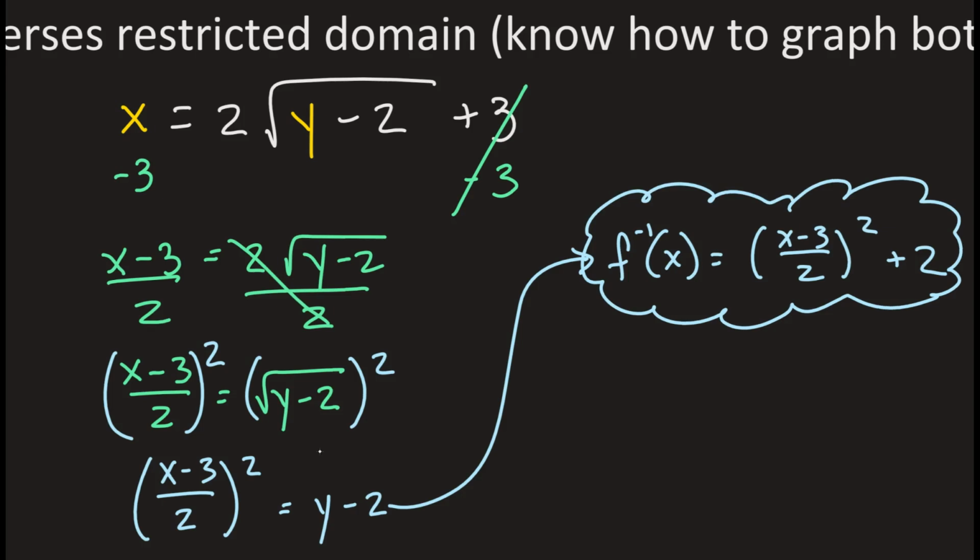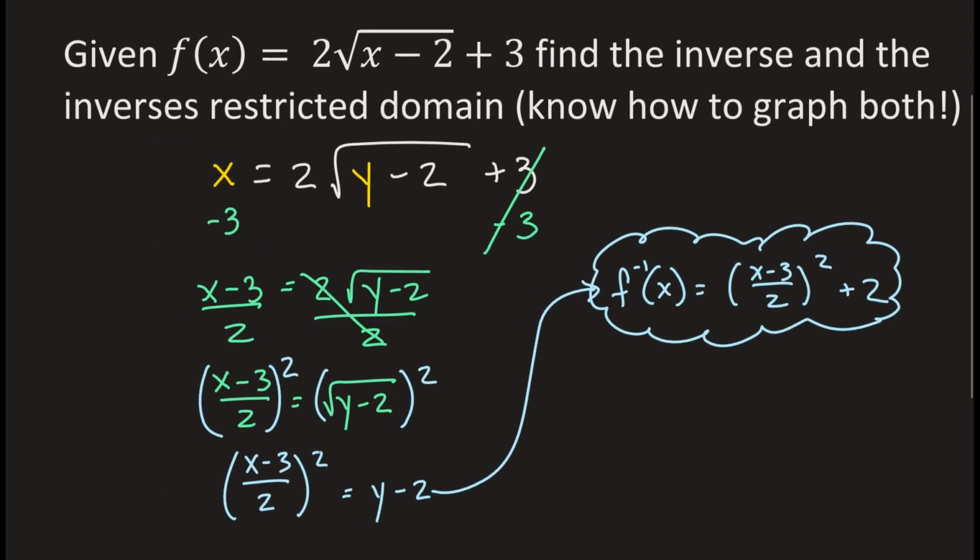Now, what threw you guys for a loop was the restricted domain part, right? At its bare bones, all that a restricted domain means is a limited domain. It is a smaller amount of numbers than the original domain. If I graph my original function, where is the starting point?